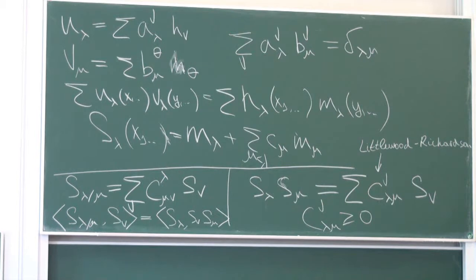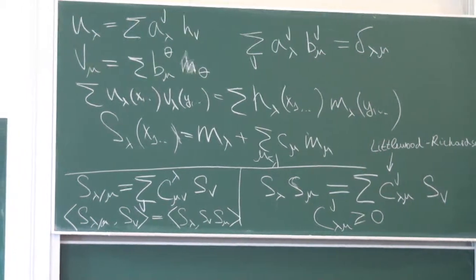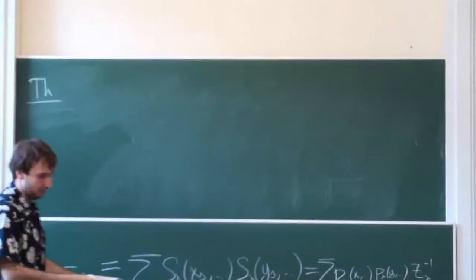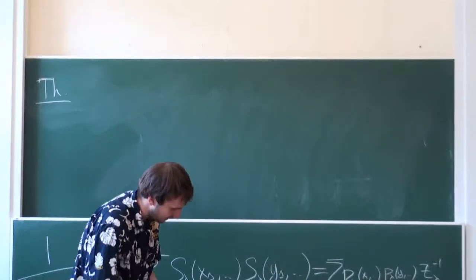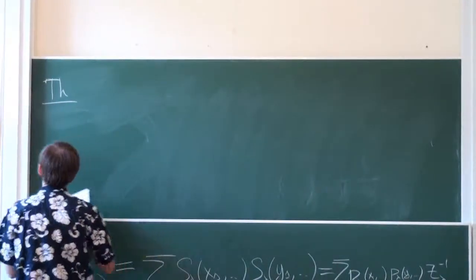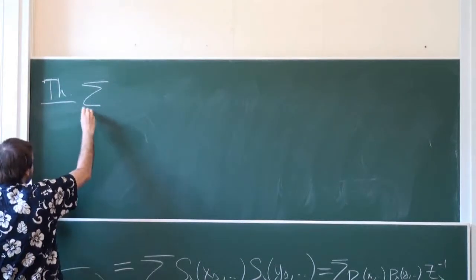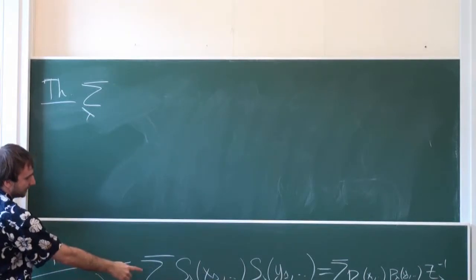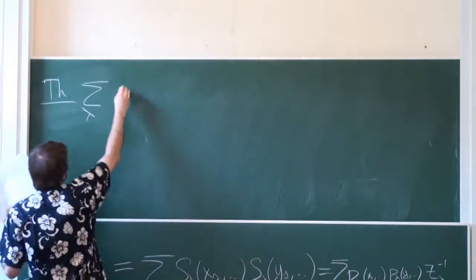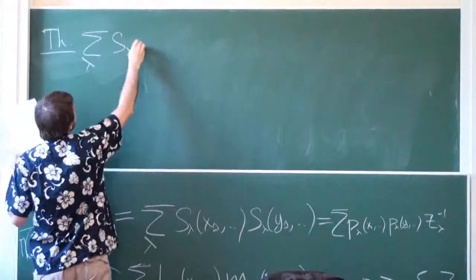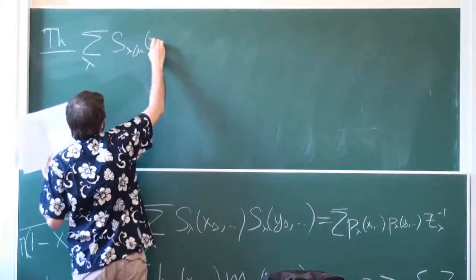So we can prove what is called the skew Cauchy identity. This is the following statement. In simplified form, the skew Cauchy identity tells that the sum over all lambda, so if here we were summing just Schur polynomials, now we want to sum skew Schur polynomials. So first let's compute the following sum.